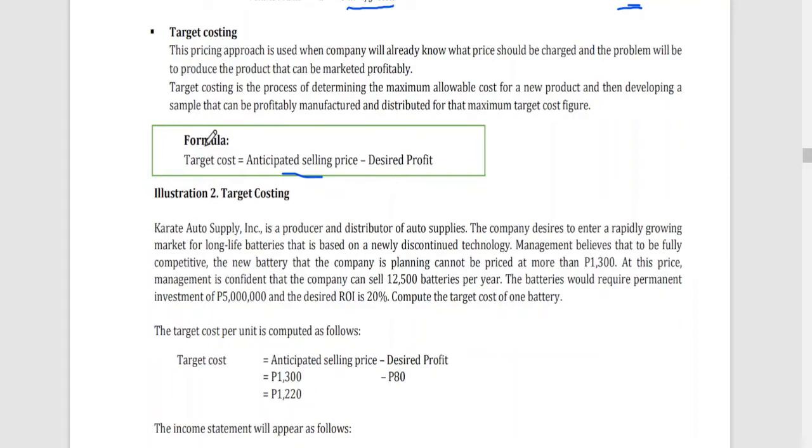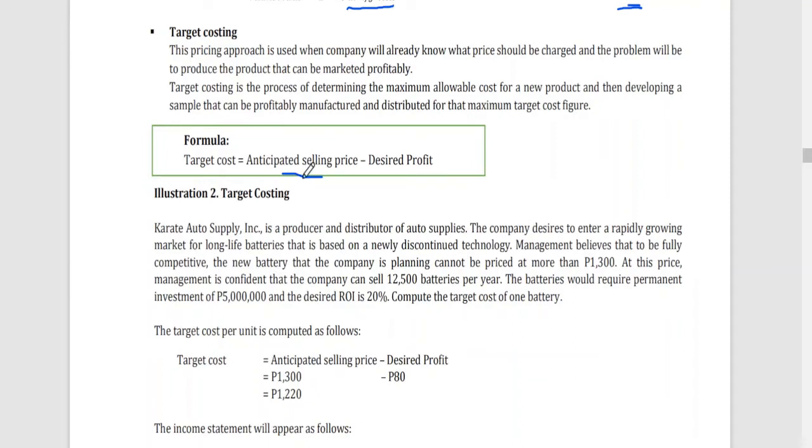So, the resources you will use to make those earrings, or if you buy the earrings and resell them, should be within 85 pesos to meet your desired profit or to meet your target selling price.